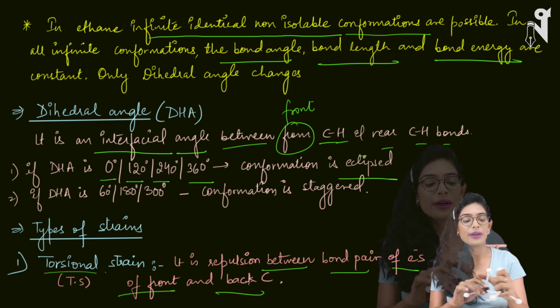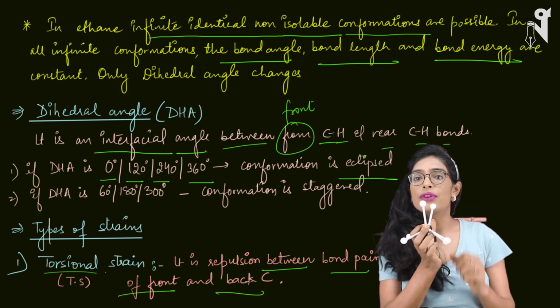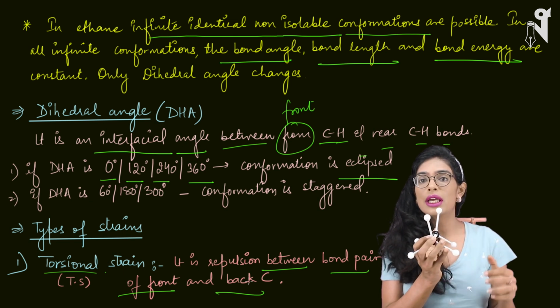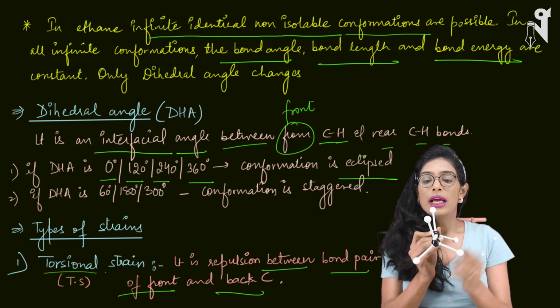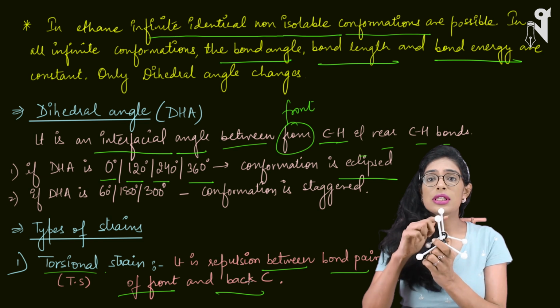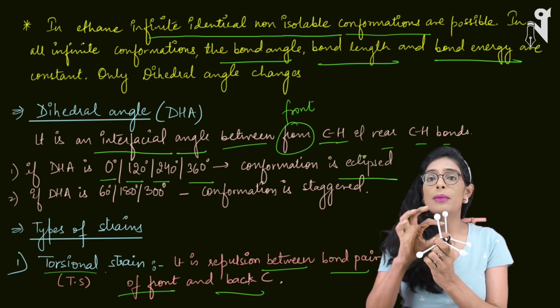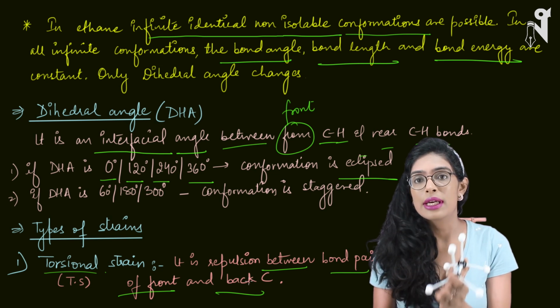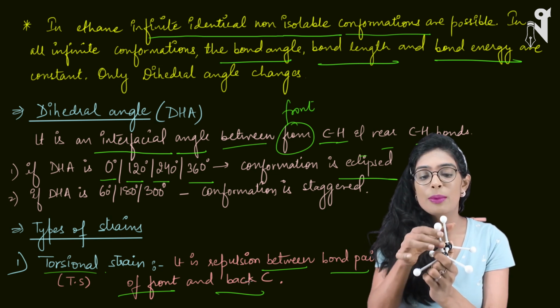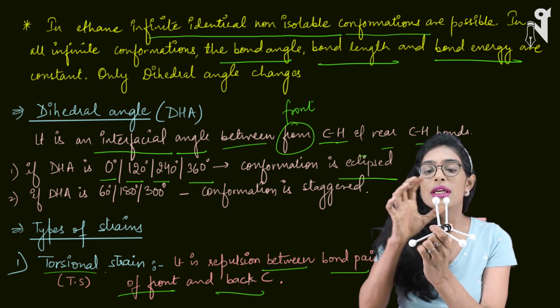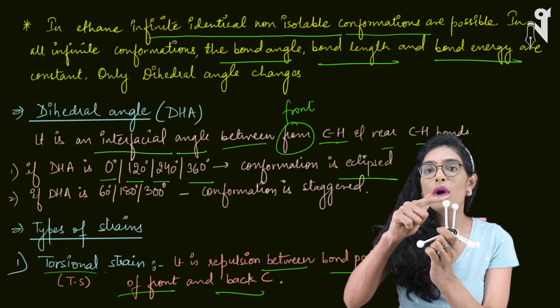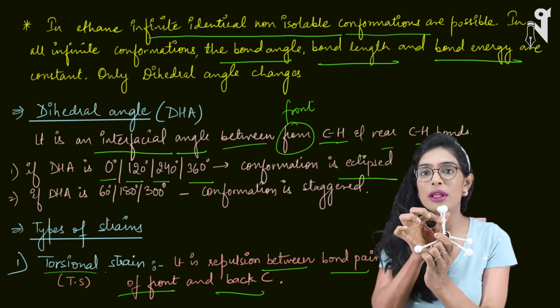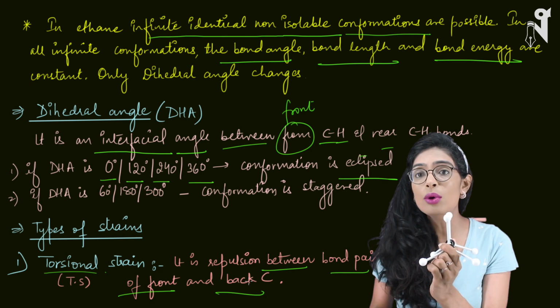Right now I have taken the example of ethane, but it is not always going to be ethane; you can take any other molecule also. All the bonds here have a bond pair of electrons, so bond pair electron repulsion is called torsional strain. If the molecule is such that one bond pair is just behind another bond pair, then the chances of repulsion are more.